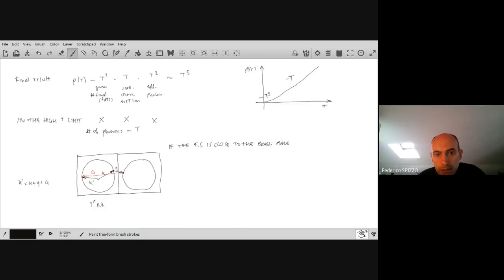So even if the deviation from this point to that point is negligible, then if we concentrate on the speed of the electron, here you have a speed that has this direction, but on this side the speed is nearly the opposite of that, because in this case we are on the right side of the Fermi surface. In this case we are on the left side of the Fermi surface, nearly on the opposite side.